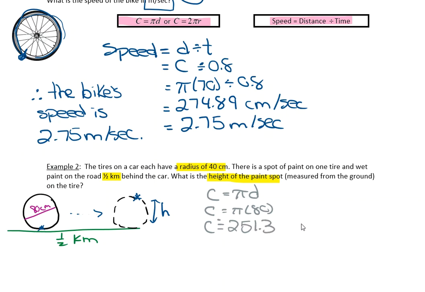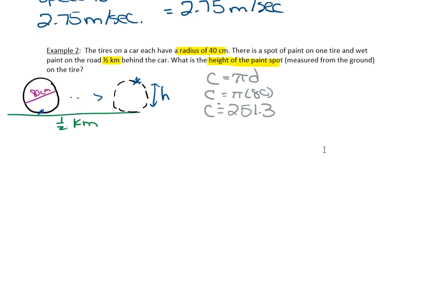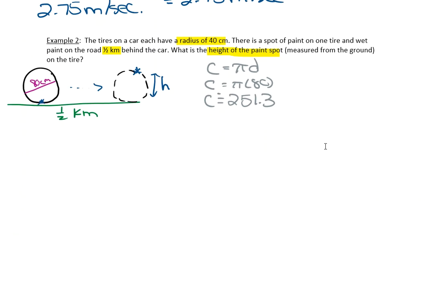251.3. What does that mean? What is that number that we just found? Yeah, it's a circumference, but what does it mean with this question? The question didn't say find the circumference of the tire. So what it means is, remember, if we took a tire and we cut it and we laid it out straight, that would be its length or its distance. So that's one full cycle. That's what we have here. We have one full rotation of that spot of paint.